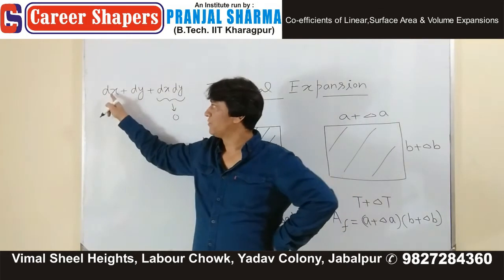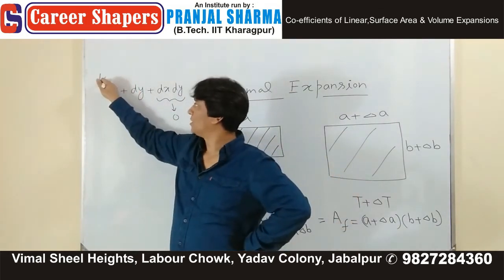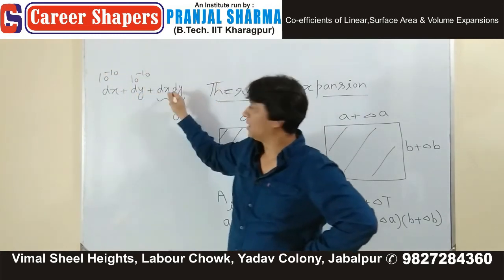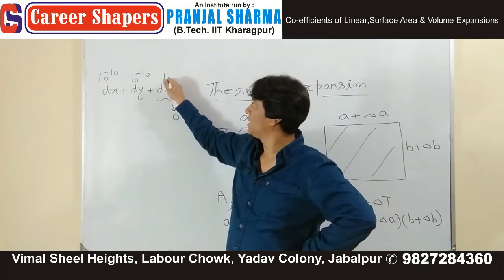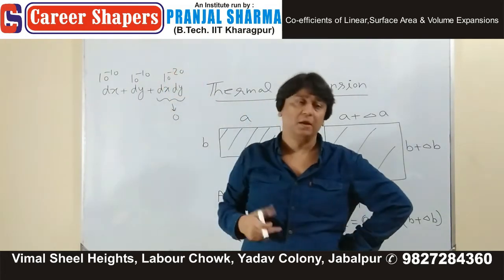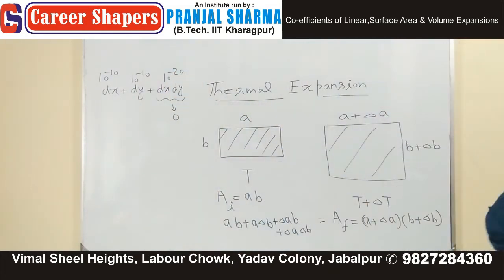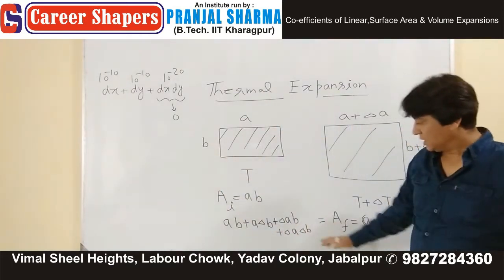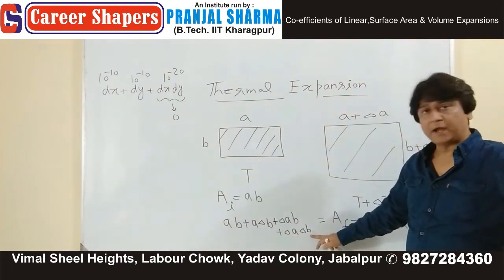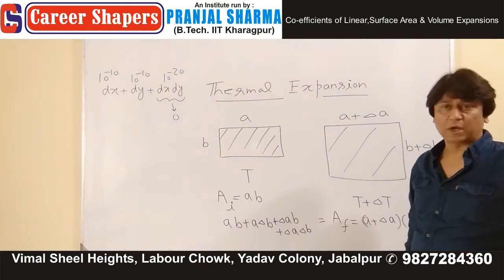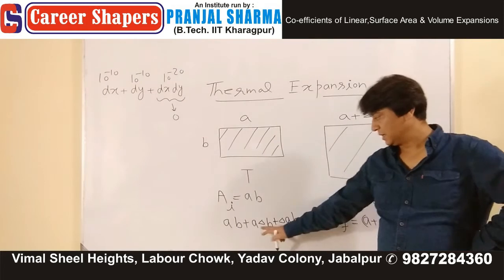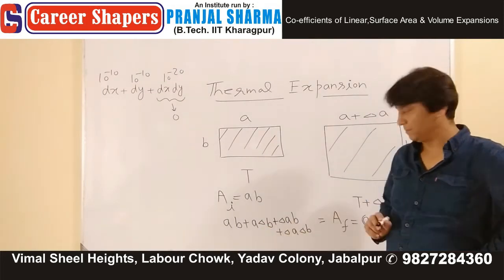For example, if I take dx as 10 to the power minus 10, dy also as 10 to the power minus 10, then dx dy is nothing but 10 to the power minus 20, which is almost 0. So this is almost 0. We can say delta A and delta B multiplied together are negligible as compared to these terms.